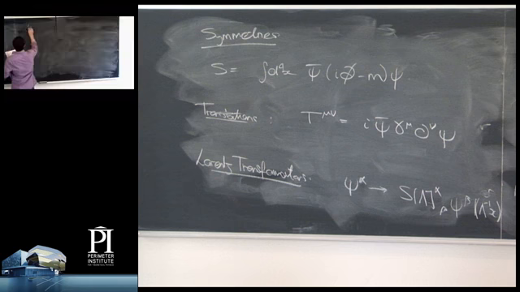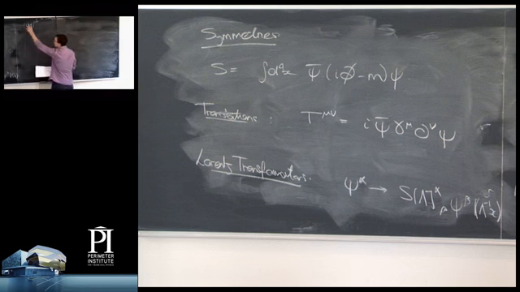So the set of currents, okay, I'm going to use this notation that we've come across before. This is the current, and this labels which particular Lorentz transformation we're doing that gives rise to this conserved current. And so these are antisymmetric in rho and sigma.